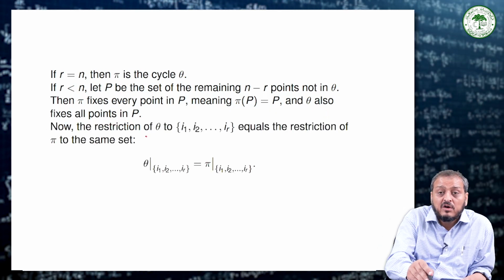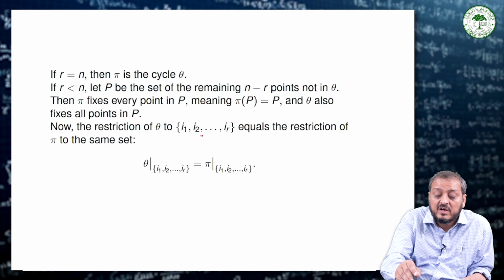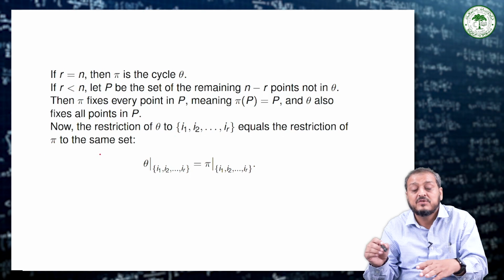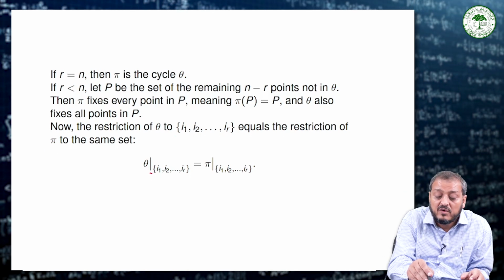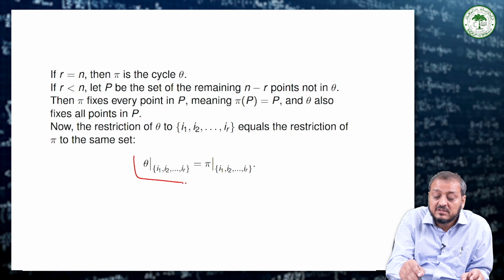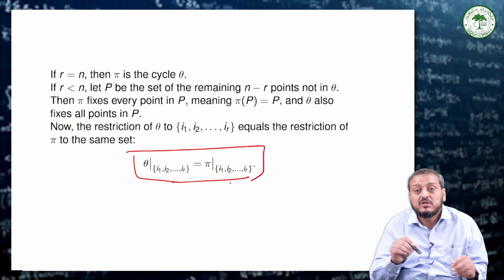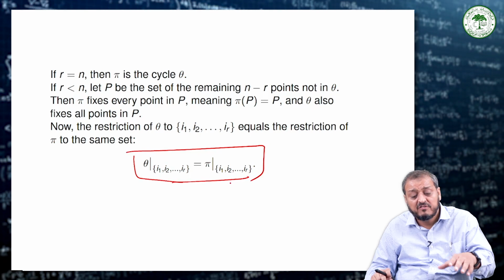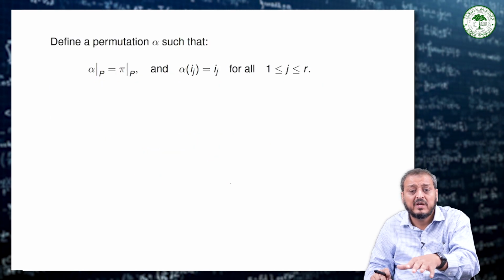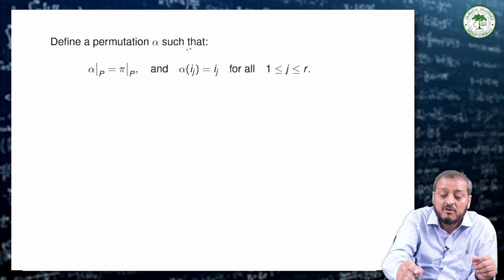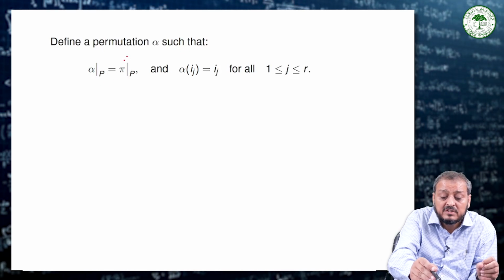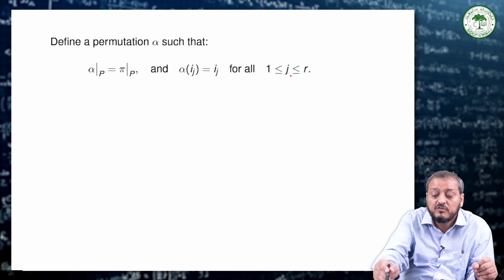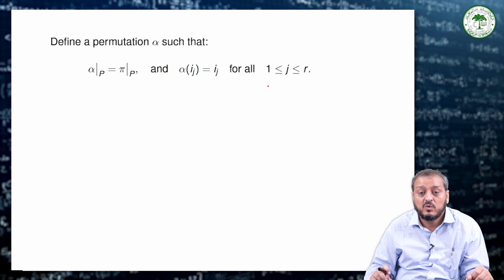The restriction of theta to I1 up to I_r equals the restriction of pi to the same set. So we can define a permutation alpha with alpha on P equal to pi on P, and alpha of I_j equal to I_j for j from 1 to r.